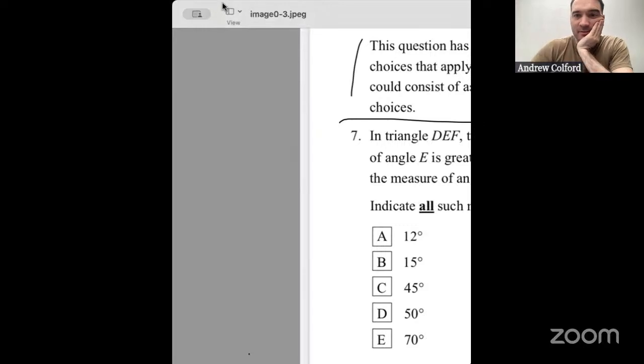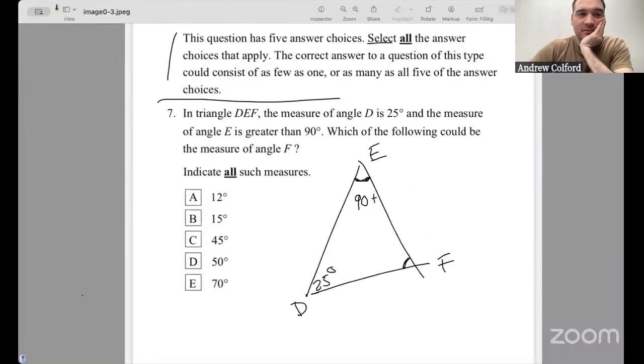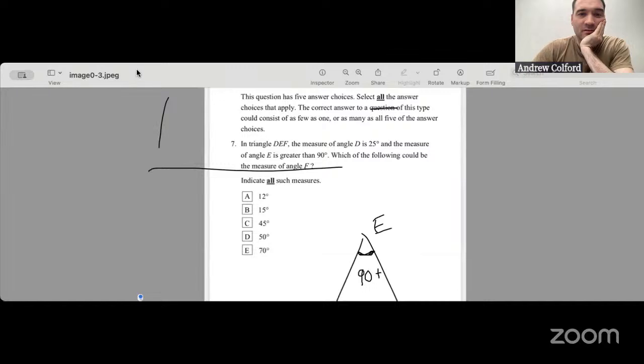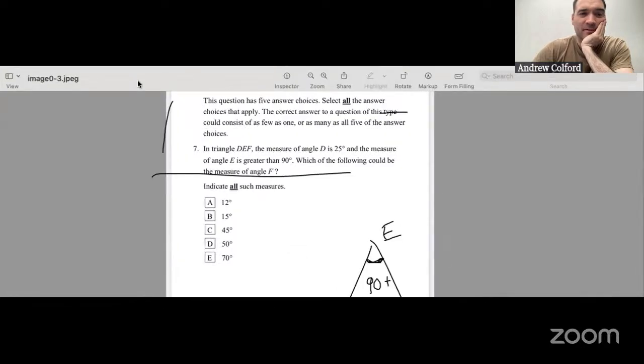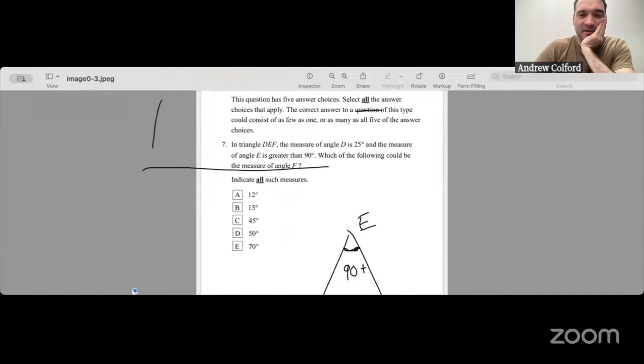Let me pull this over here. Is that showing? Just want to make sure it's showing. Okay, whatever the case, let's keep it rolling here.